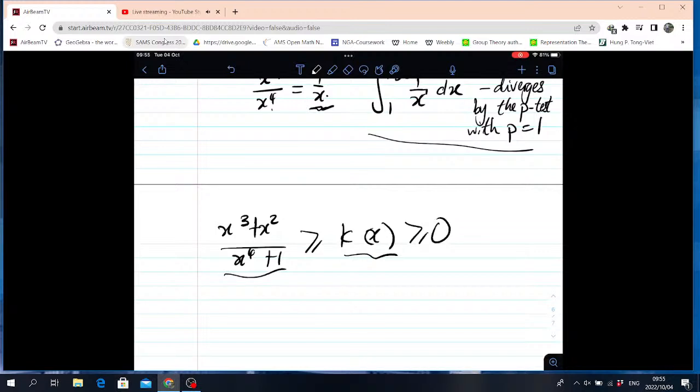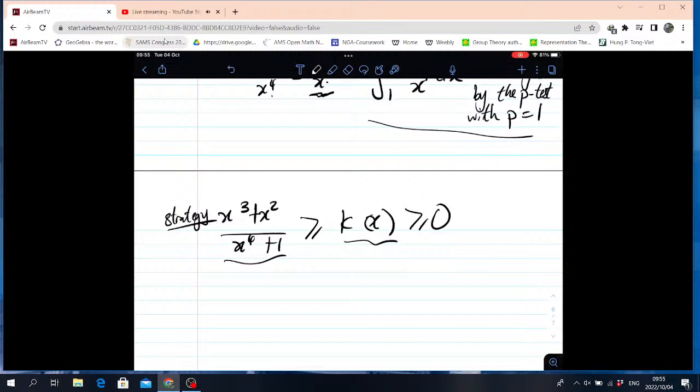So this would be our strategy or plan to be able to do this, and then we find ways to solve it. So the strategy is this, and we want that k of x, we know, is related to 1 over x, so we know it's going to diverge, right?